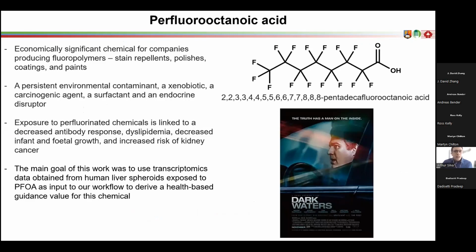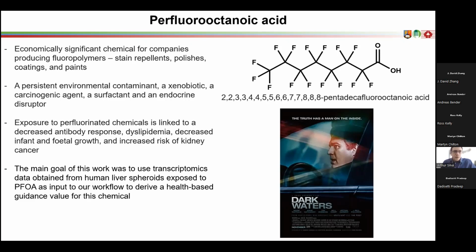And it's worth mentioning that this bond between carbon and fluorine is strong and stable, and this reinforces how persistent in the environment this chemical is. As many of you are aware, it is also known as a forever chemical.